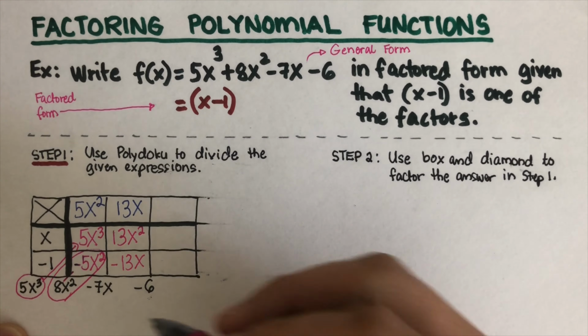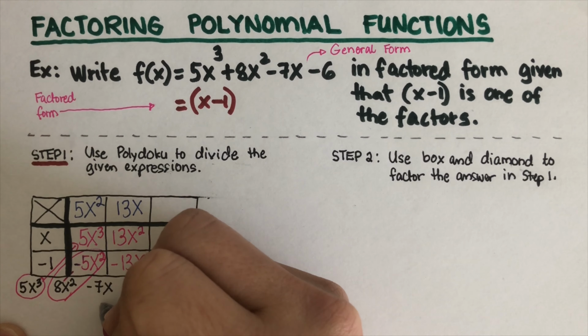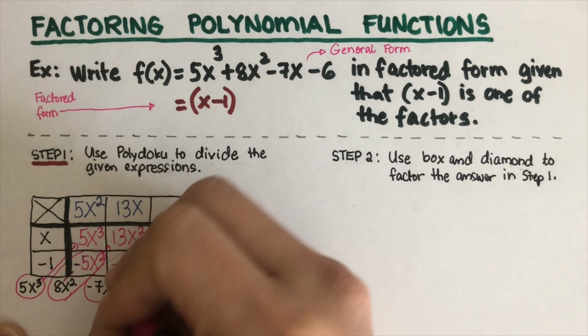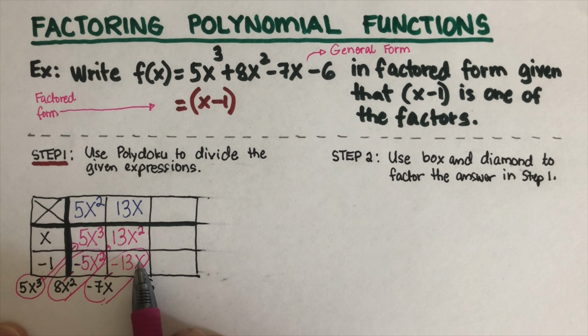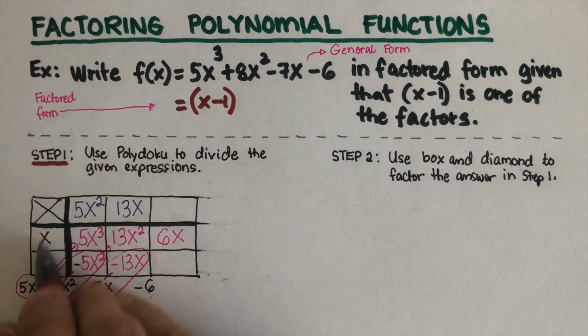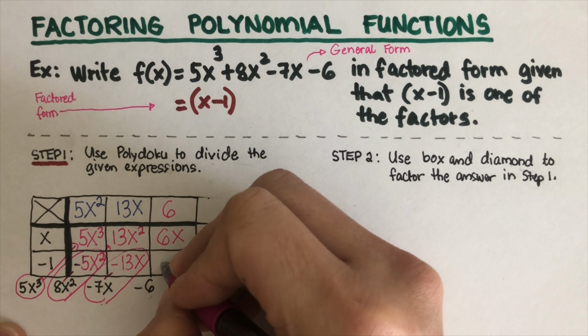And so after that, we are going to subtract these two again. So negative 7x minus negative 13x is a positive 6x. And so this will be a 6 over here. And this is a negative 6.